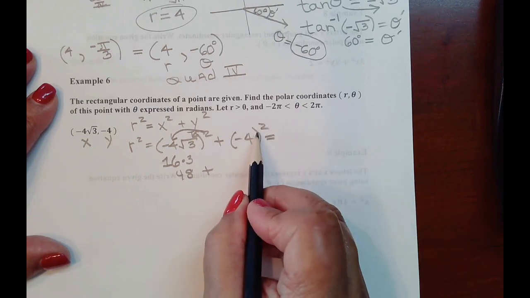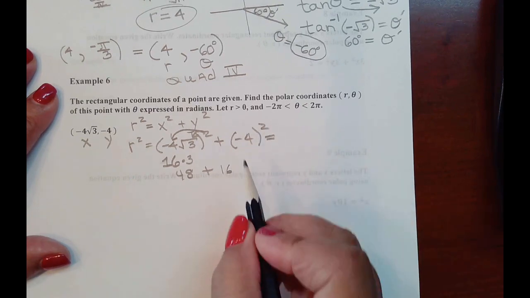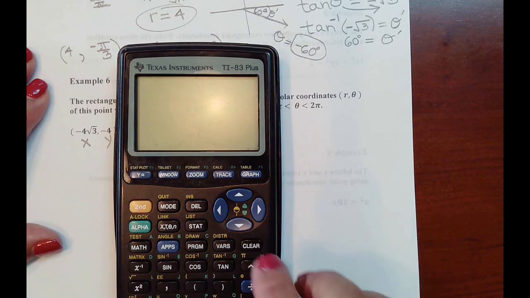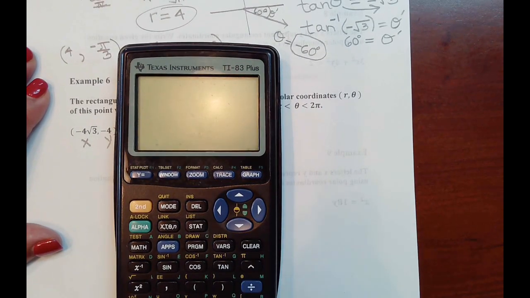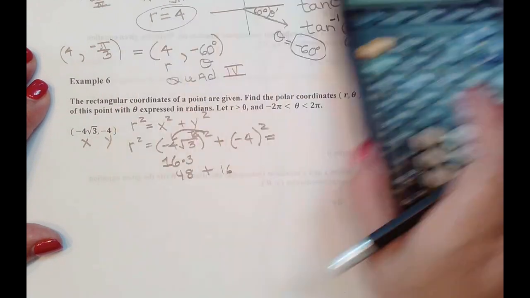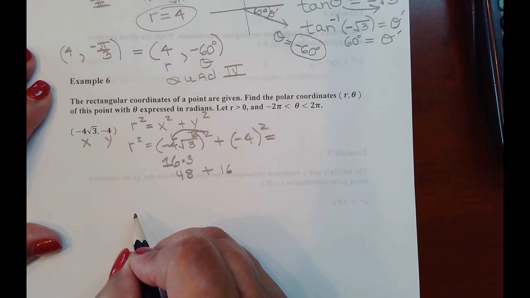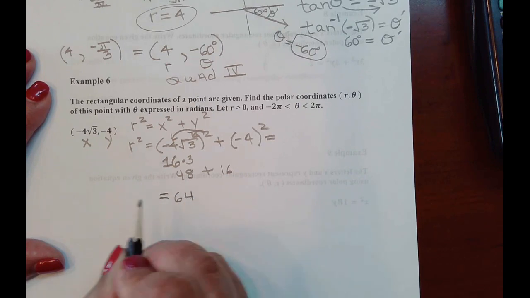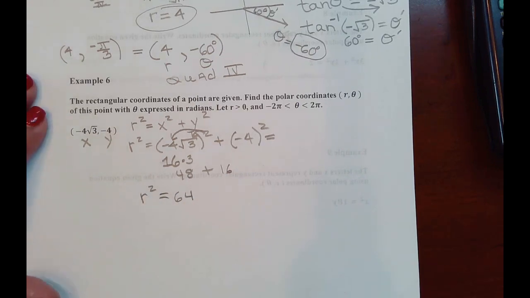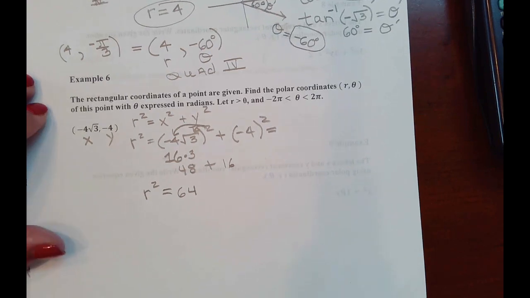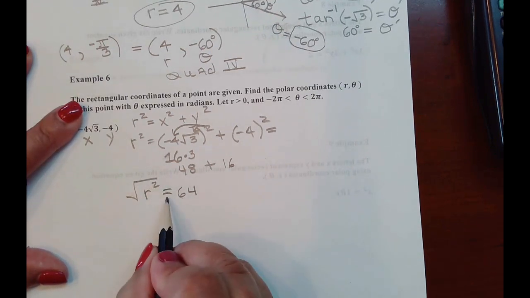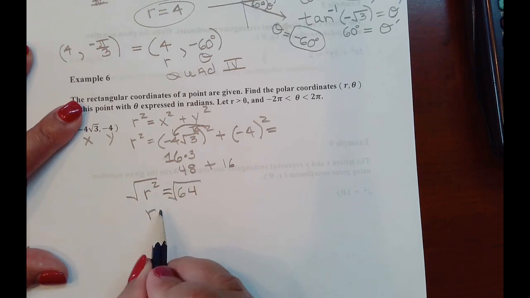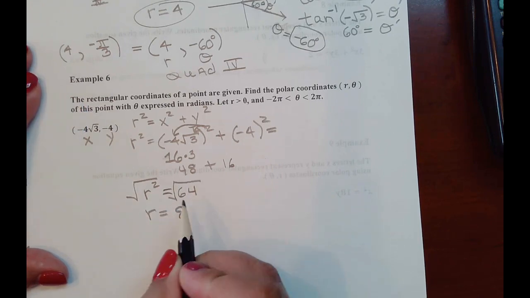And then if I square this, I would get another 16, so 48 plus 16 is 64. Okay, all of this is on the right side of the equation. So r squared is equal to 64. I really want r, so I'm going to take the square root here and here, and I get r is equal to 8.